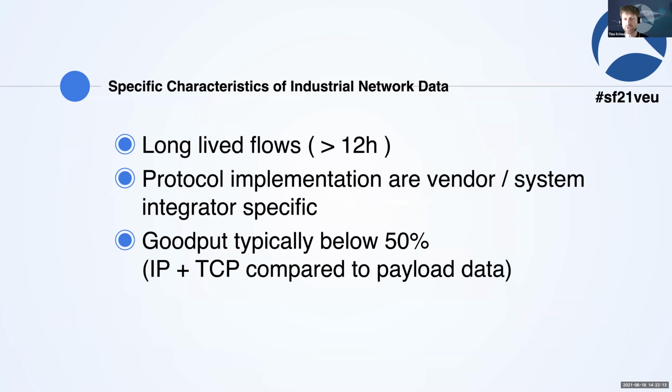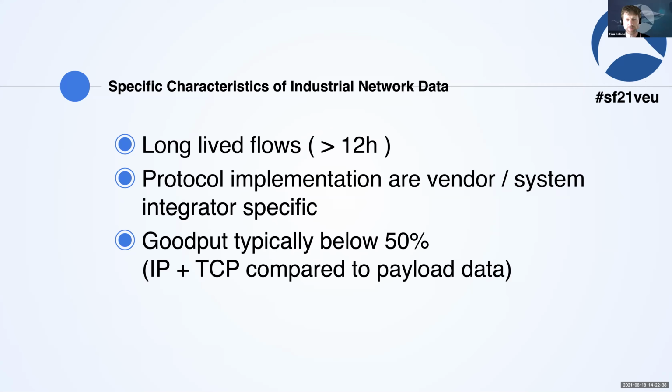They can go over days. This is due to the protocol implementation of industrial protocols. There, every packet carries some information or is doing something on the industrial system, and just as it is, these flows live a very long time.